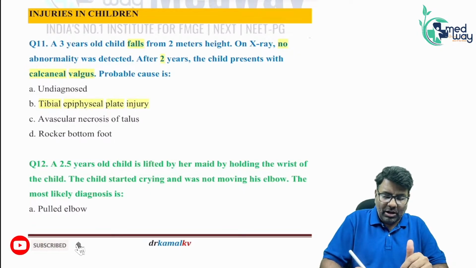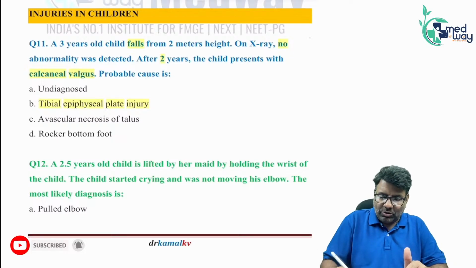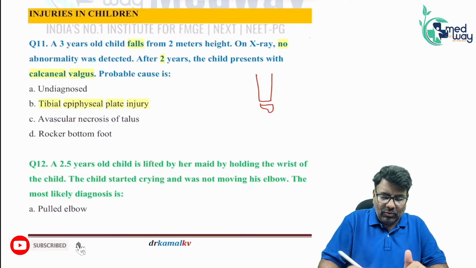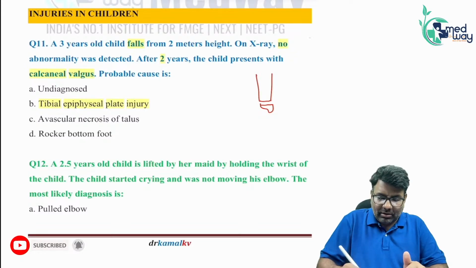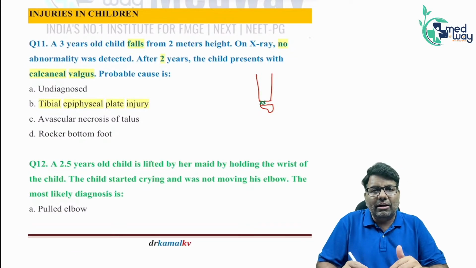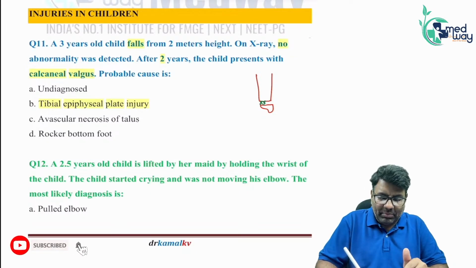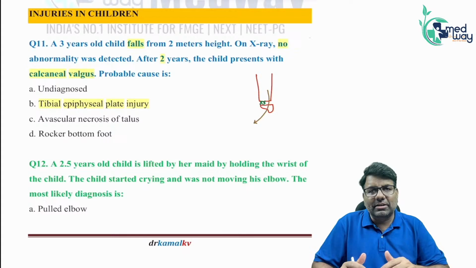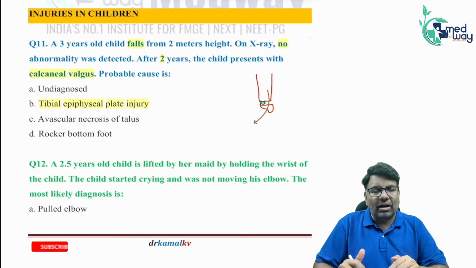This is injury of growth plate. So what happens, suppose this is the tibia like this, this lateral side of the lower tibial physis might have been injured, but the medial side continued to grow normally, and as a result of this there is a valgus deformity around the ankle.